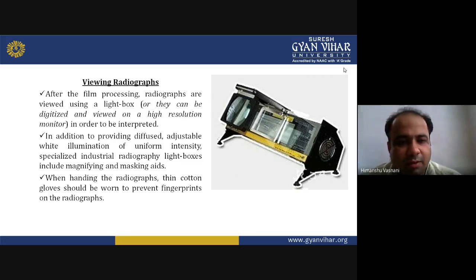When handling the radiograph, thin cotton gloves should be worn to prevent fingerprints on the radiograph, because fingerprints can create illusions while viewing.